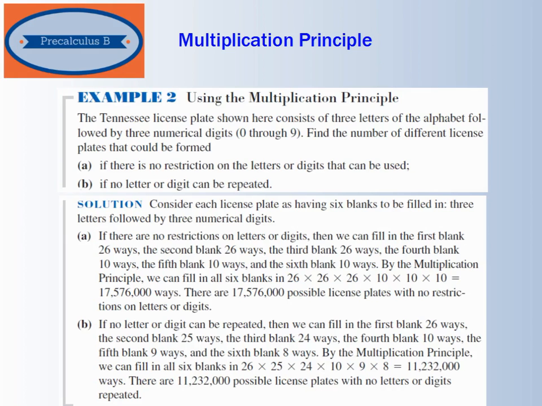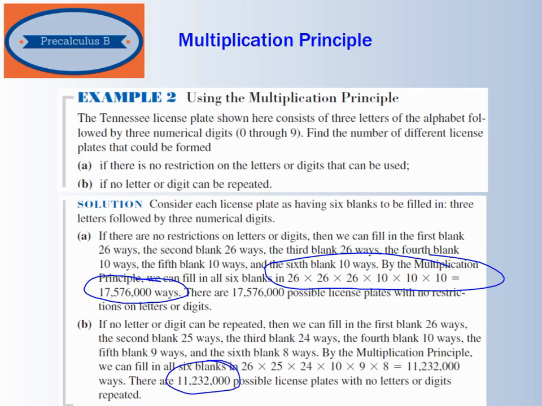If we multiply out 26 times 26 times 26 times 10 times 10 times 10, that gives us about 17.5 million different possible license plates. Now, if we don't allow for repetition, it reduces it to about 11.2 million license plates, which is a big difference.